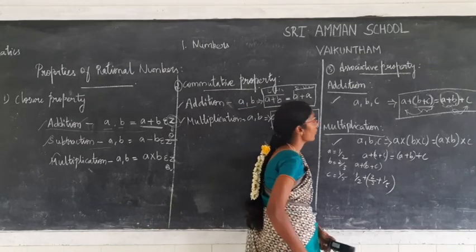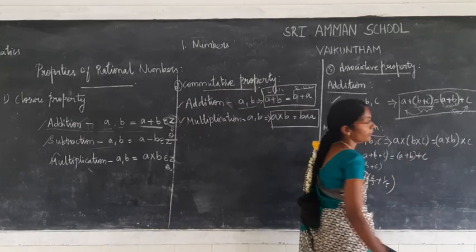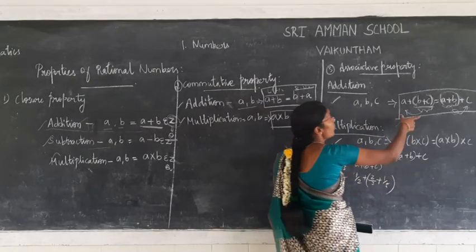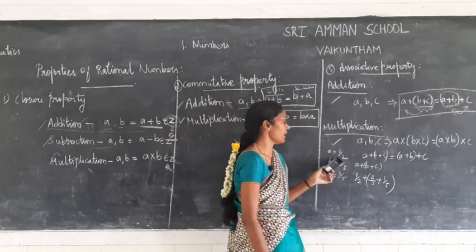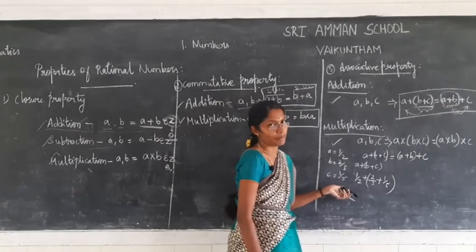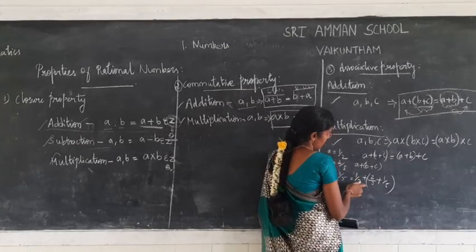Likewise for multiplication, (a into b) into c is equal to a into (b into c). We have to prove whether it satisfies or not. For proving, we have taken 3 numbers, a equal to 1 by 2, b equal to 2 by 3 and c equal to 1 by 5. Apply in this equation.